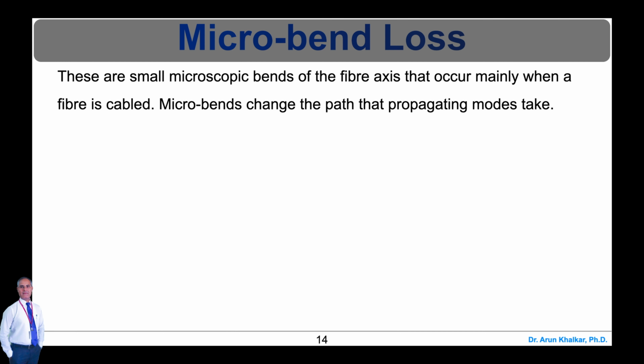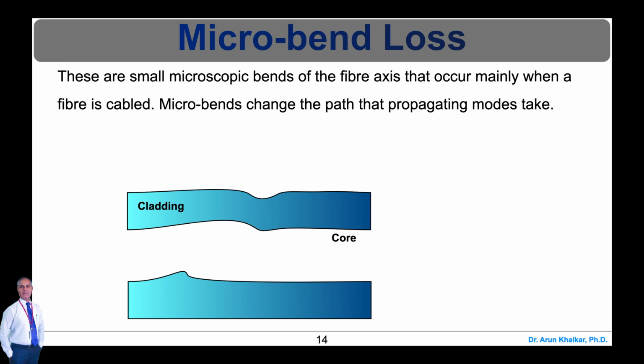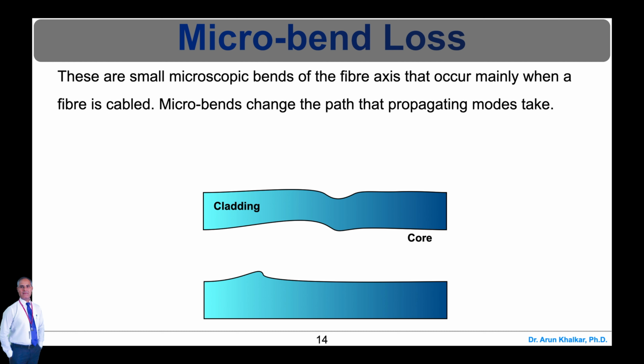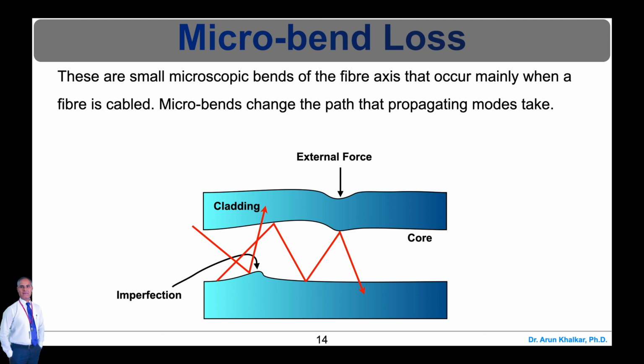Microbending might be related to temperature, tensile stress, or crushing force. The structural variation in the fiber or fiber deformation causes radiation of light away from the fiber as shown in this figure. Light rays get scattered at the small bends and escape into the cladding. Such losses are called microbend losses.